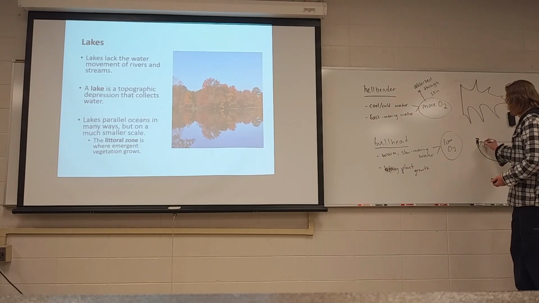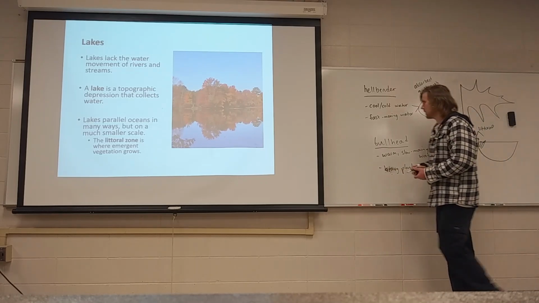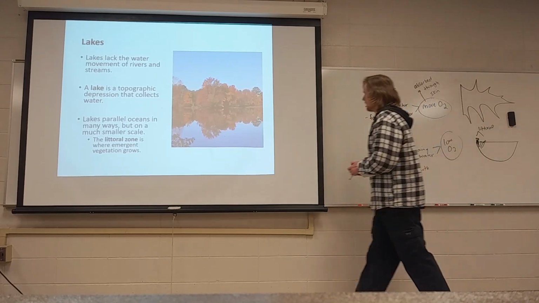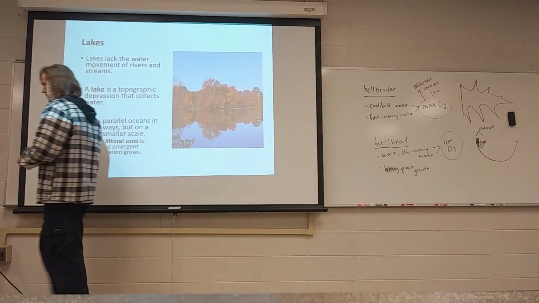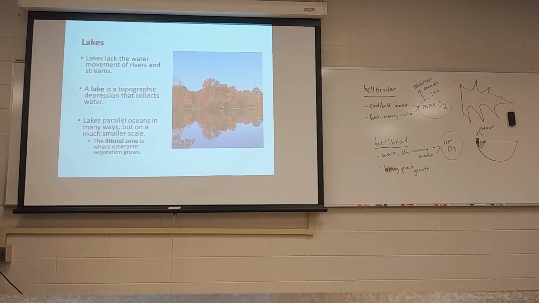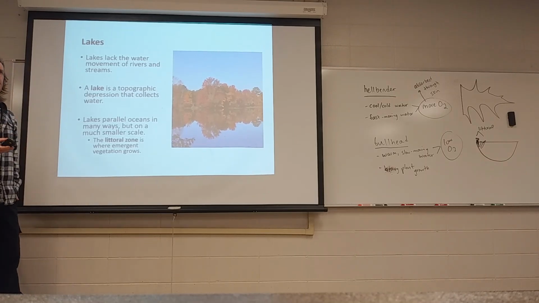You might have lily pads. That would be considered the littoral zone. That's where you're going to have vegetation growing that is anchored to the ground, but still showing above the water surface. And so you have the littoral zone, which is similar kind of to the neritic zone with the oceans.